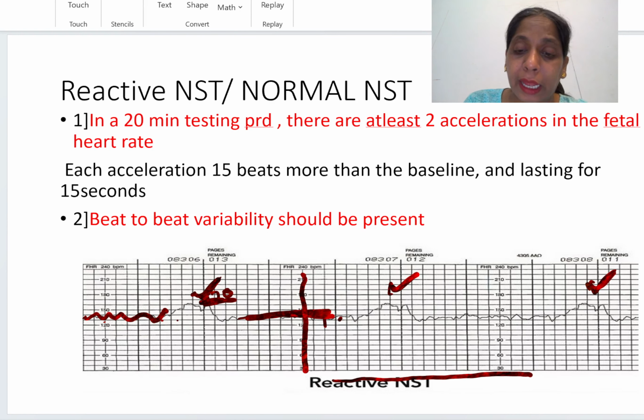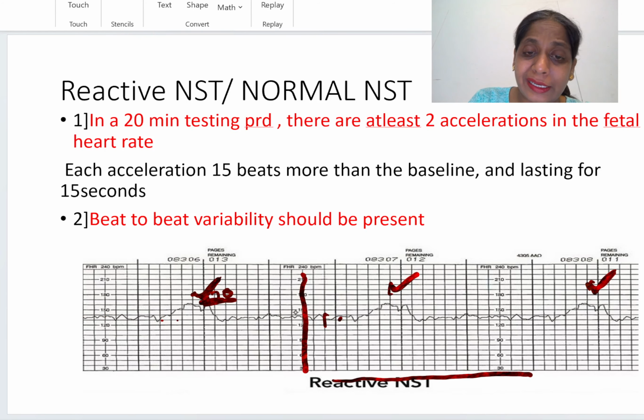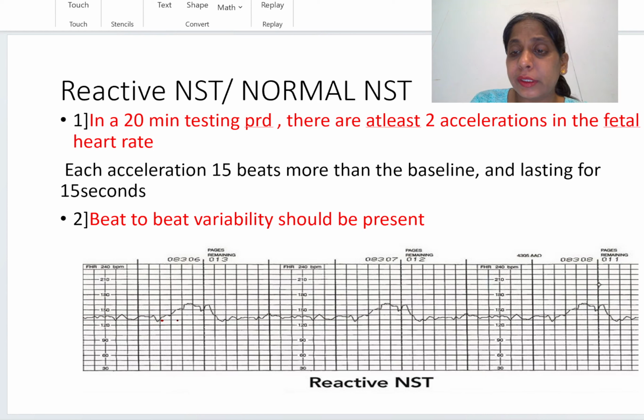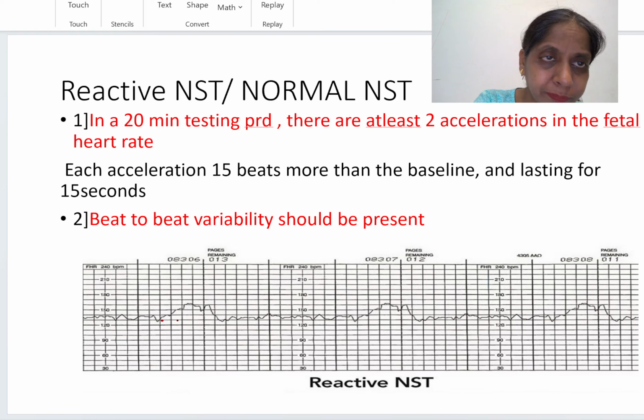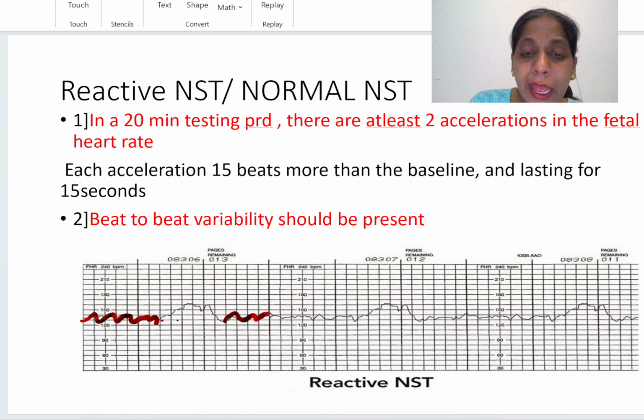The second thing which we have to understand about the NST is the beat to beat variability. You have seen that when I drew the line, exactly this line was not a straight line. Let me draw that baseline. This line is changing, see, the beats are changing, and this is a good sign.